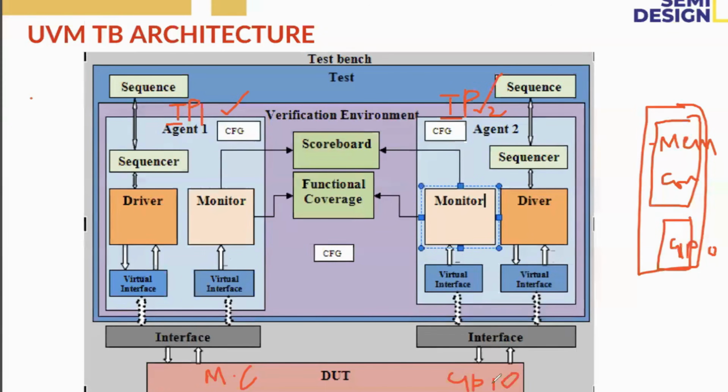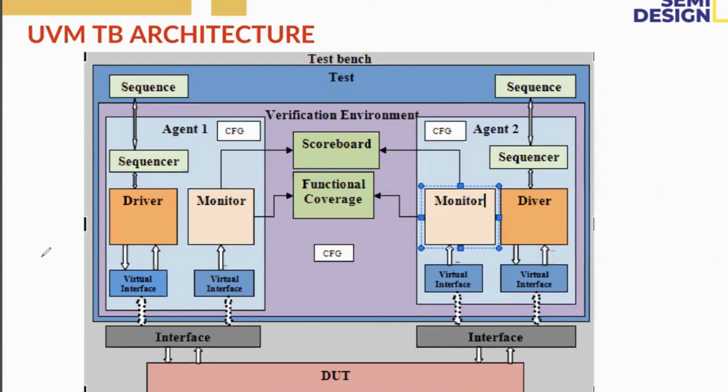For this memory controller, there will be one interface, that is IP1, agent 1. This is agent 2 for another IP called GPIO IP. Otherwise, in place of memory controller or GPIO, you are doing the transactions between AHB. Suppose this agent is related to AHB master, and this agent is related to AHB slave.